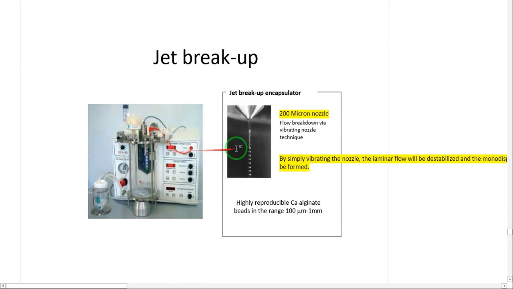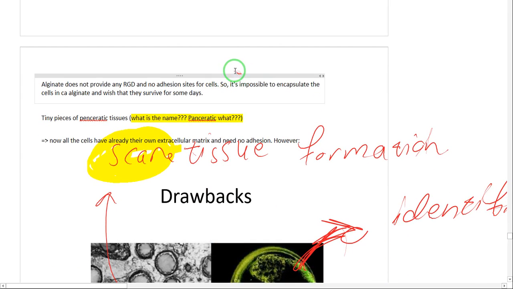You see here that it has a nozzle, and by having the mechanical vibration, the vibration of this nozzle will destabilize the laminar flow of the alginate which is coming out of this machine. And if we have another bath here containing the calcium, divalent calcium cations, the self-assembly will occur and we will form the gel.